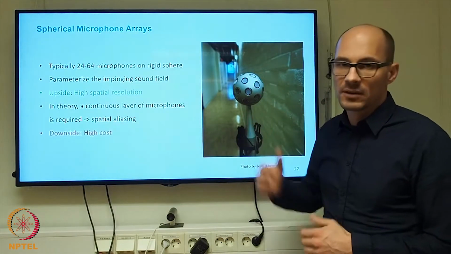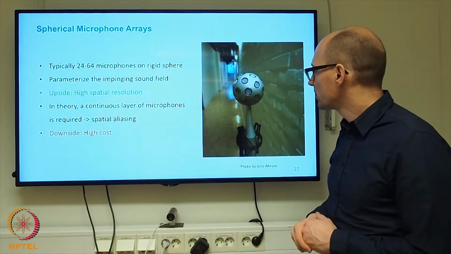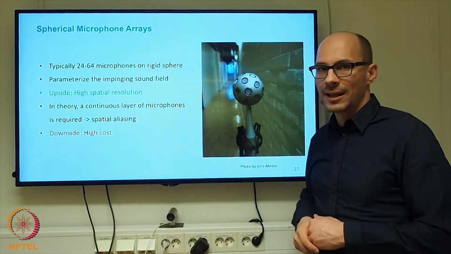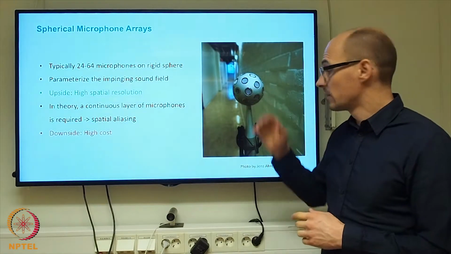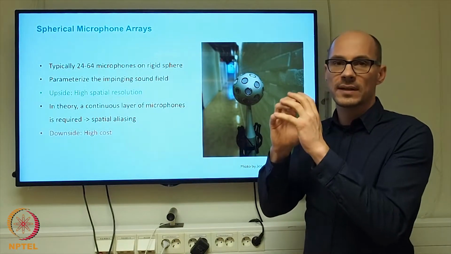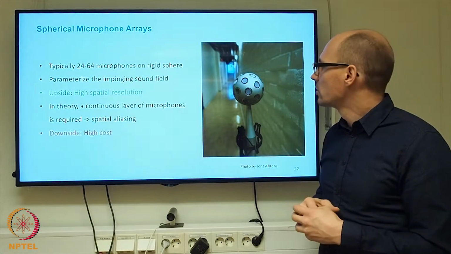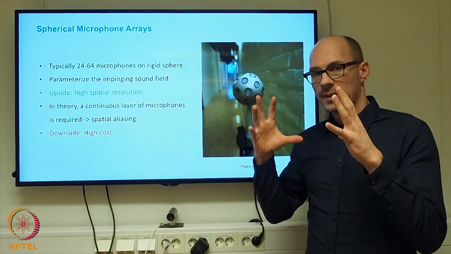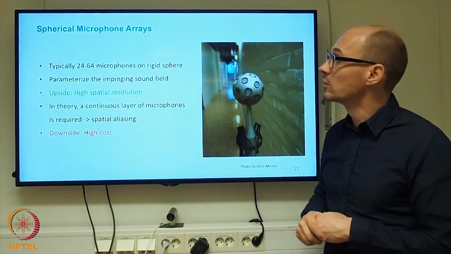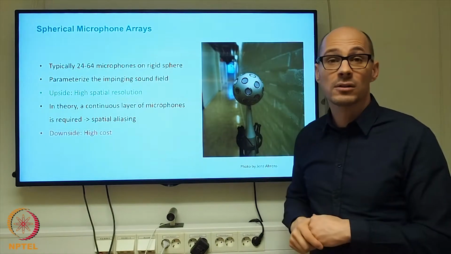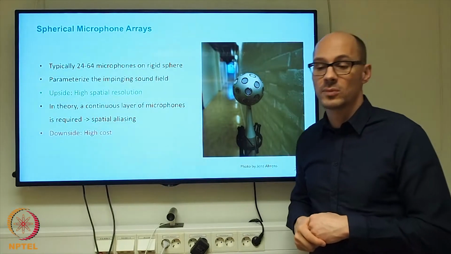There's specific reasons for why this is desired. The one on the picture has 32 microphones, but there's also larger ones. The size of this one is somewhat a bit larger than a tennis ball. There are also larger arrays with the size of a bowling ball, which use even more microphones. Something in the order of 64 or sometimes even 128.